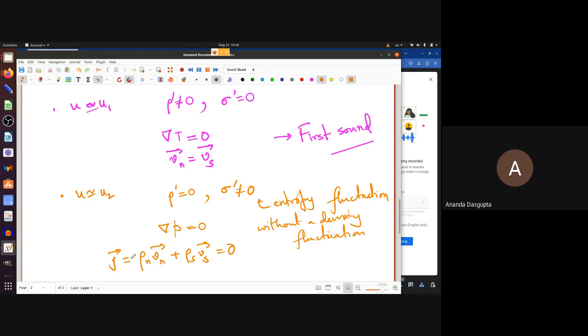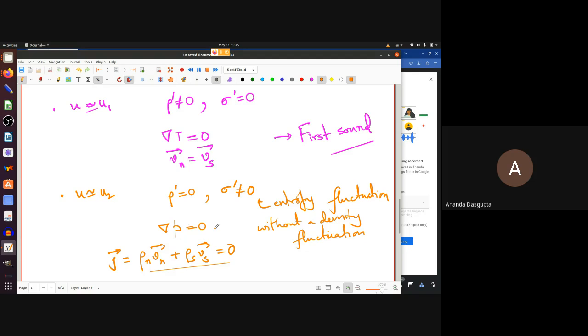So this is a very new kind of wave, a very different kind of wave, a wave in which there is no transfer of actual material from one place to another. Density does not change. Notice that this equation here tells you that the normal fluid and superfluid actually travel in opposite directions in such a way that there is no change in the overall density.